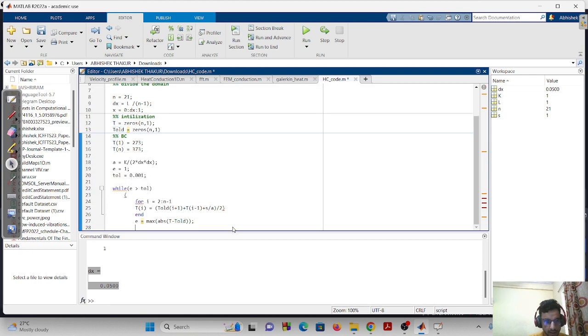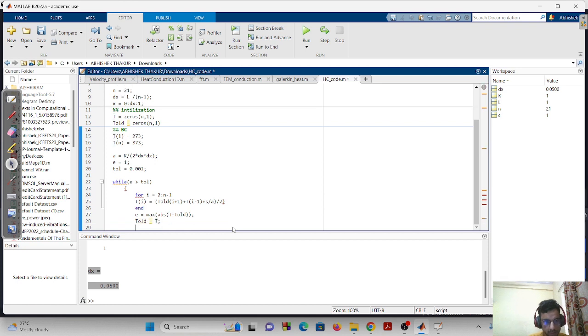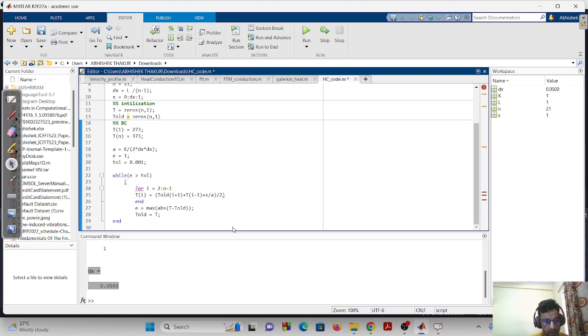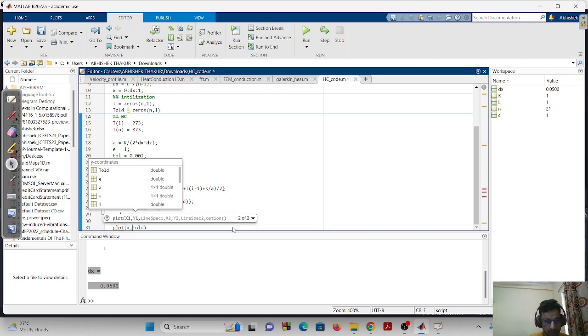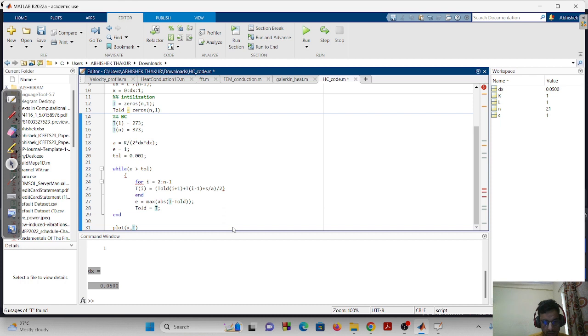We have defined the error, then we update T old equal to T. Then we can try to plot it, plot x, T, and see how it works. Let's run it. Illegal use of for.